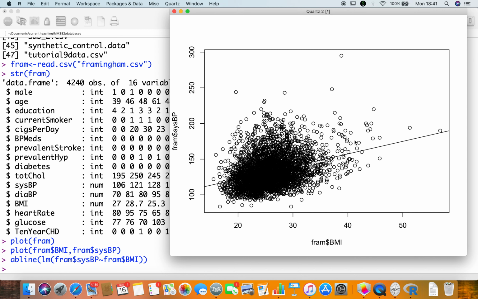Now, you can convince yourself that that makes sense or not. I don't think that there is a very strong linear relationship or any kind of relationship at all between BMI and blood pressure. And this would be counterintuitive. And it's the reason why it's counterintuitive because you hear about this relationship all the time.